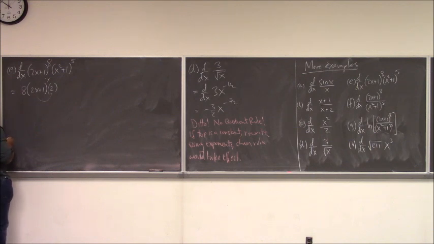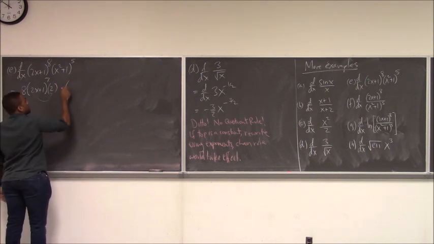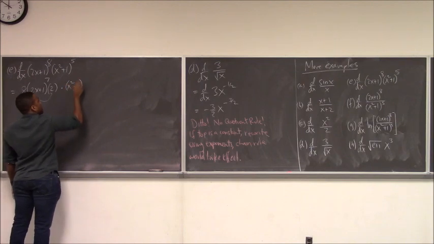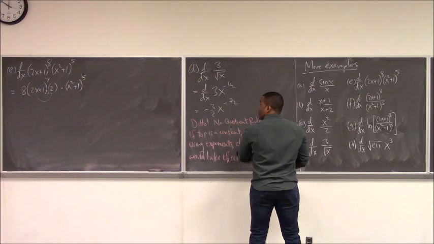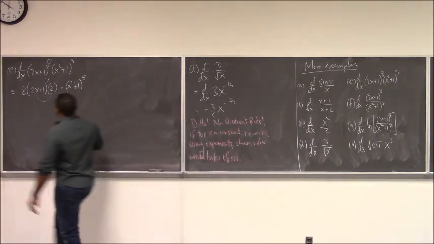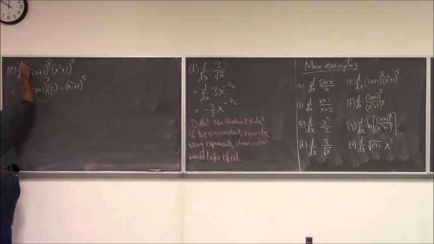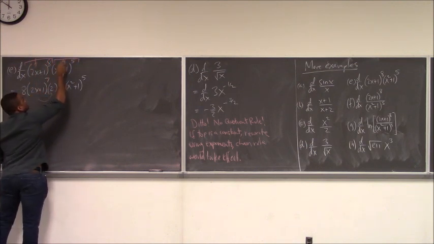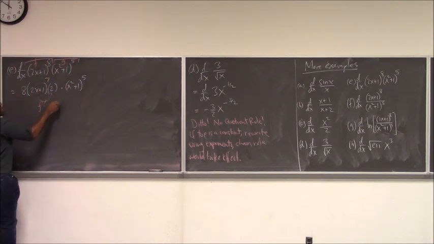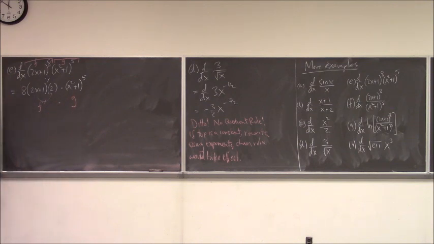Times the quantity x squared plus 1 to the 5th, plus, just for a little bit of emphasis here, that's with thinking of this as your f and this as the g. This is f prime times g here.